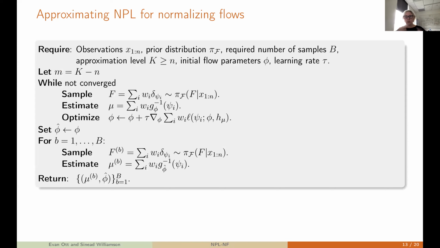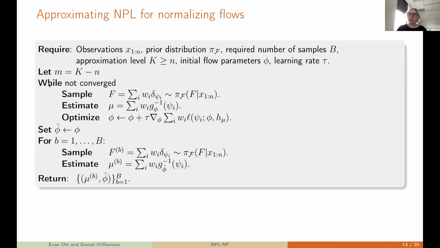All right, so here's what that's going to look like algorithmically. We're going to start off as if we were doing a naive implementation of non-parametric learning. We're going to start with our data, and we're going to decide on a distribution pi sub f and a number, an approximating level n.